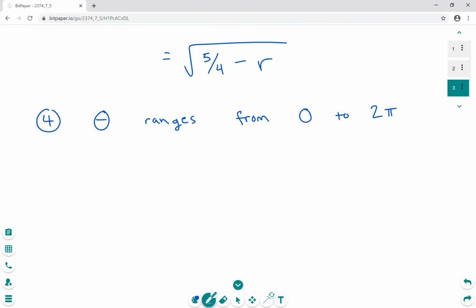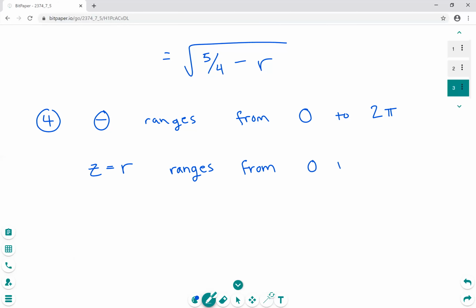Right, so z, oh yeah, sorry, r. We're calling it r, but it's z, so this ranges from, sorry, it's from 0 to the graph of the paraboloid, right?